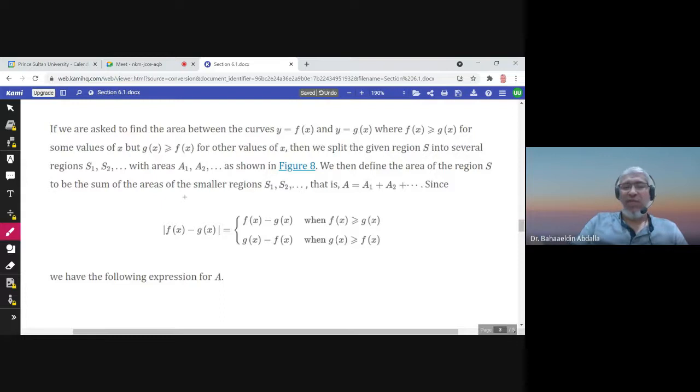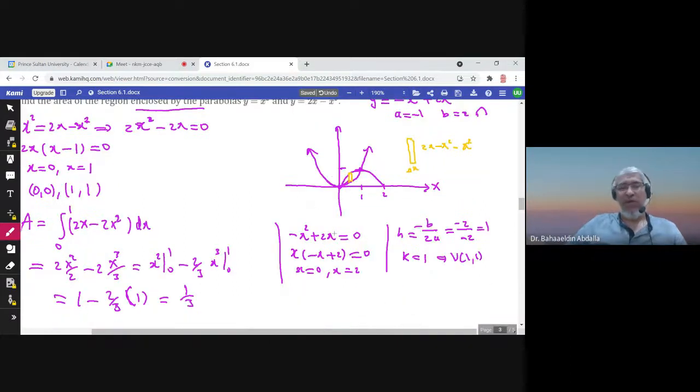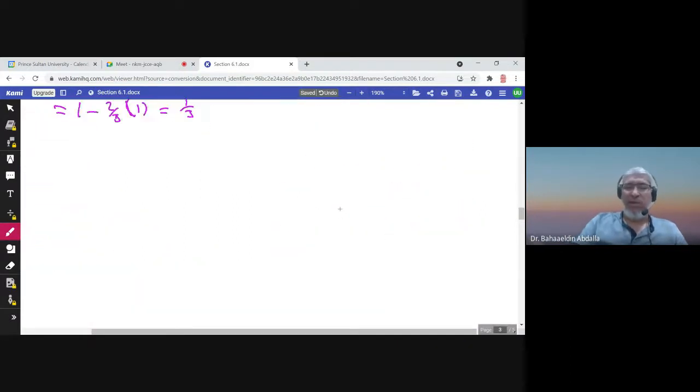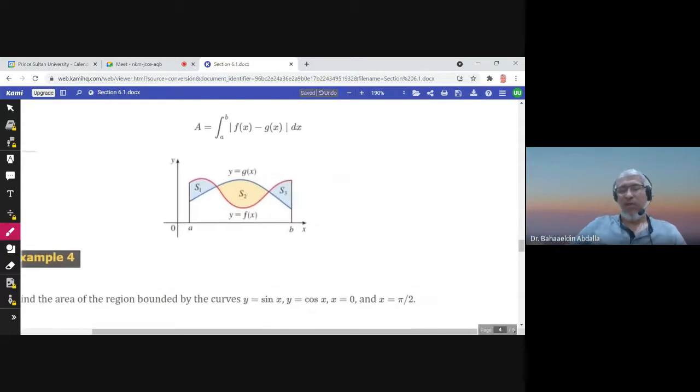Now the case is not always like this. Here, always one curve is above the other curve in all the interval. But sometimes we have something like this. Sometimes f of x is above g of x, and in another area g of x is above f of x.